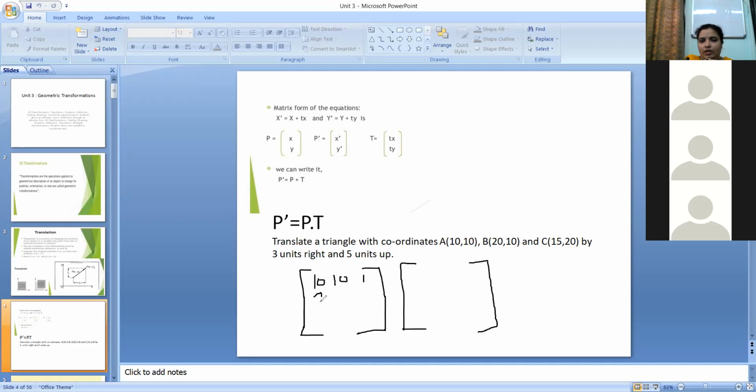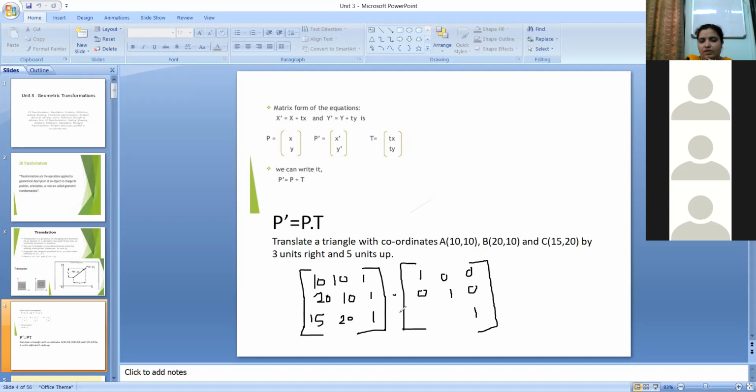Then 20, 10, and then comes 15, 20. So this is your P into T matrix. T matrix we already know, it is 1, 0, 0, 0, 1, 0, and Tx, Ty, 1.